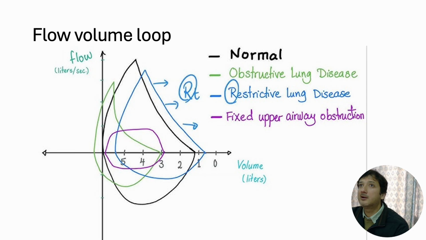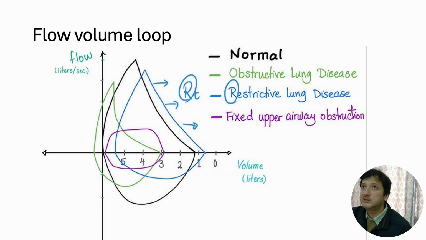In the black color, we can see the normal flow volume loop. The patient expires, then the flow slowly decreases, then inspiration starts. If there is obstructive lung disease, the flow doesn't reach up to the top, then it makes a concavity and reaches less volume.